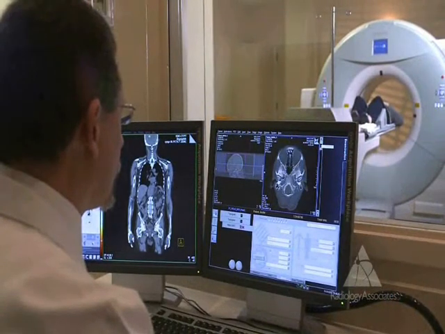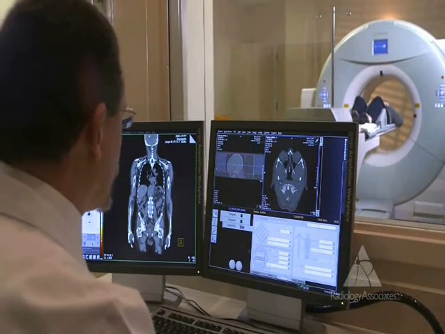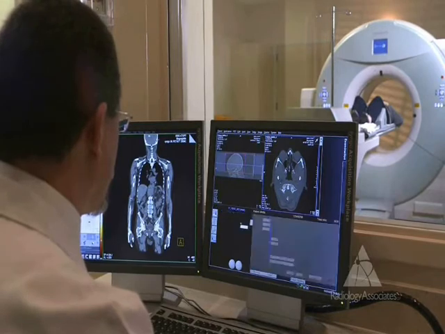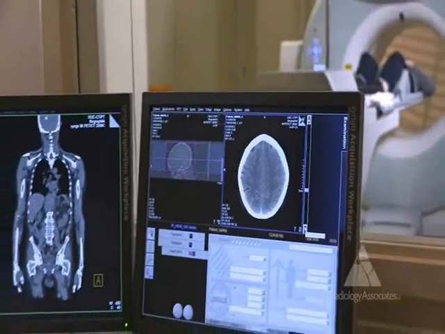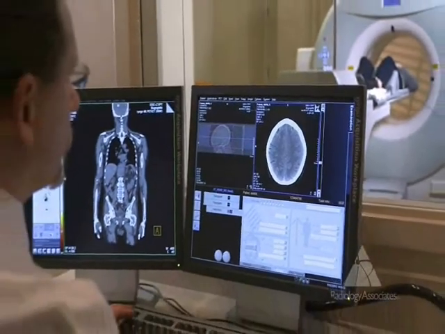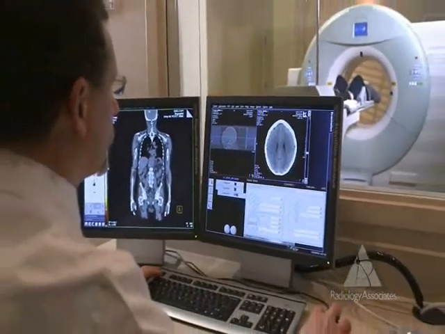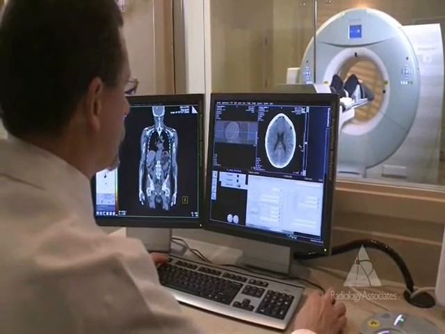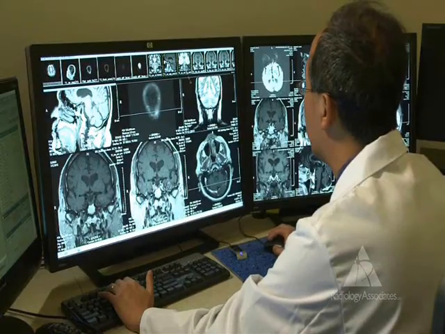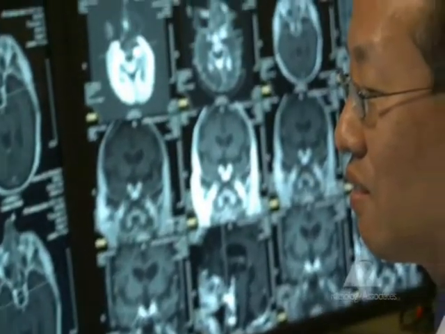You will hear humming as the equipment generates the images, and you will feel a slight movement of the table as you are gently positioned for scanning. The technologist will have you in full view at all times and will remain in constant communication with you through a two-way microphone. This exam usually takes 15 minutes.